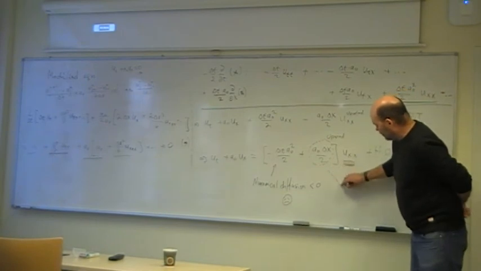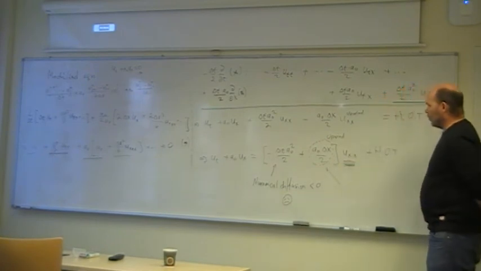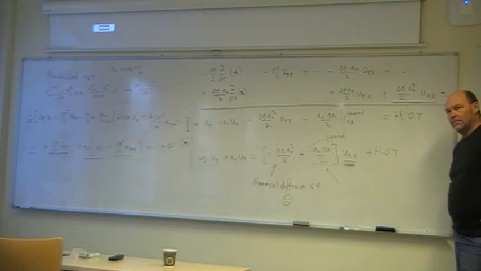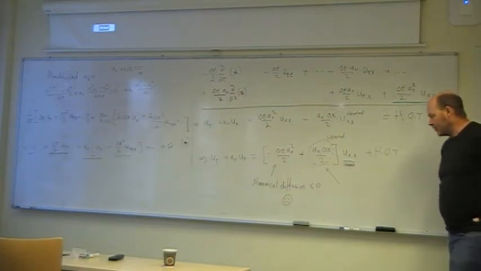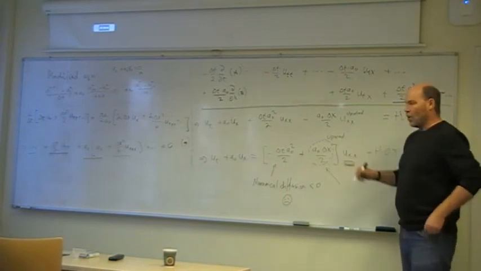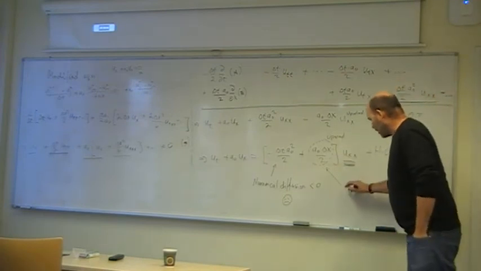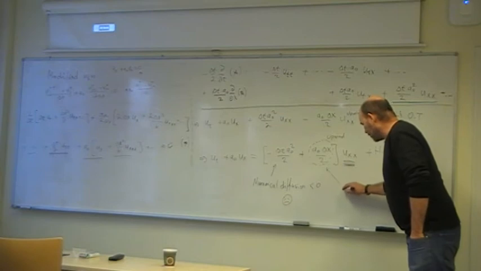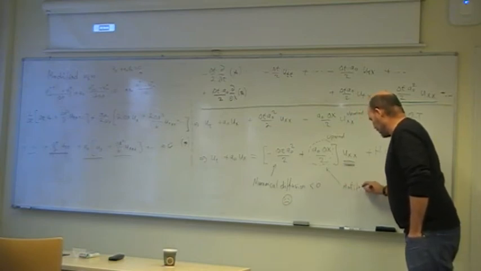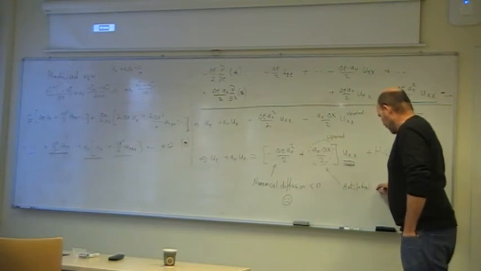This one, that's only for the upwind scheme. It's positive. So that's diffusion that is added on purpose when you choose the upwind scheme. So I call this one artificial diffusion.